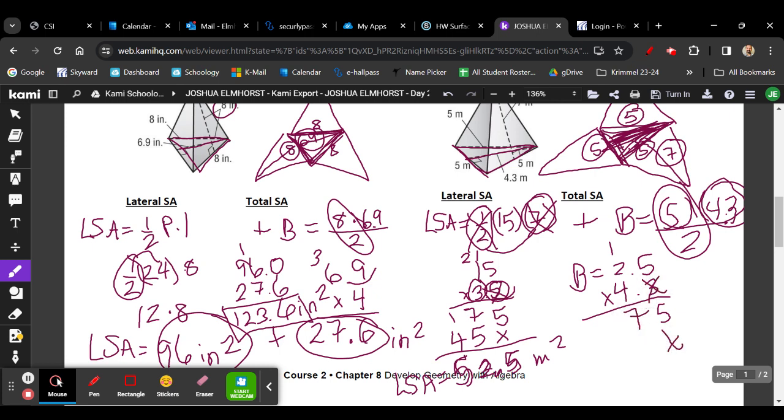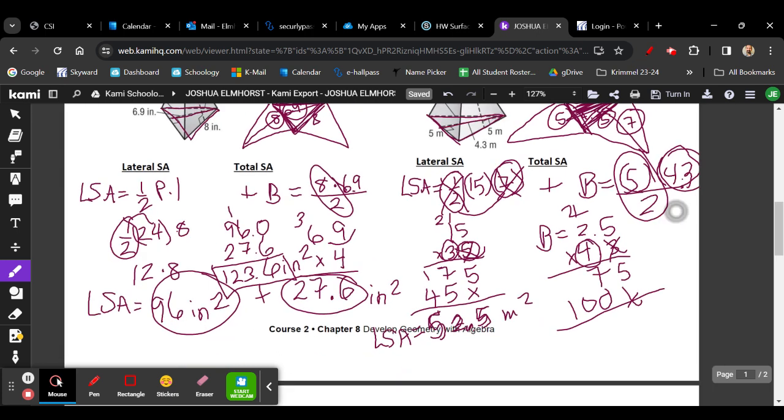We're done multiplying with that spot. 4 times 5 is 20. Carry the 2. 4 times 2 is 8, plus 2 is 10. Move the decimal over 1, 2 places. And now we find the total surface area.